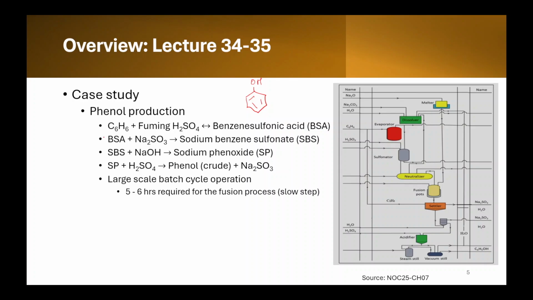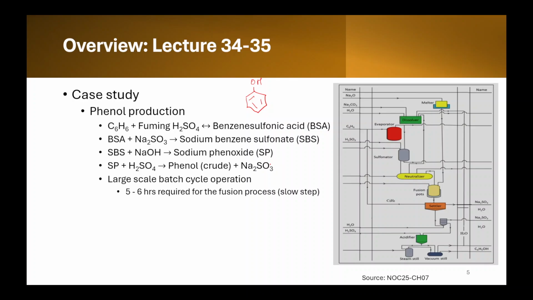Basically there are four steps. The first step is to react benzene with fuming H2SO4, and this is a reversible reaction which gives us benzene sulfonic acid plus water. Because this is a reversible reaction, to force it in the forward direction you keep on removing water. Because it also generates heat, you also remove the heat.